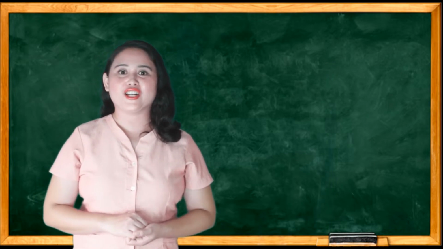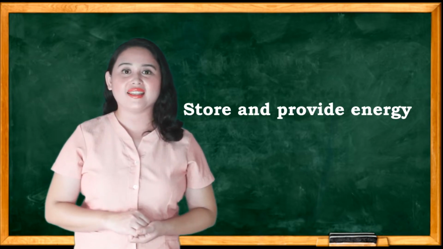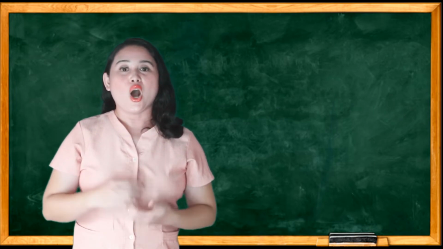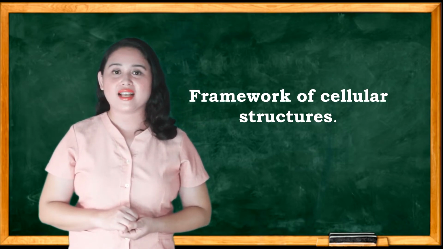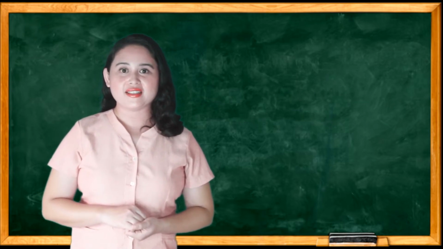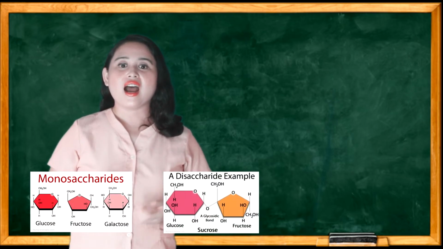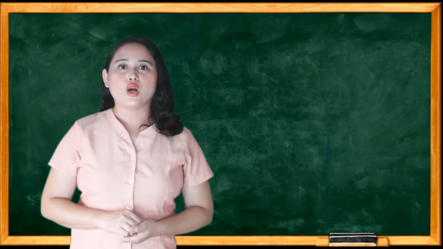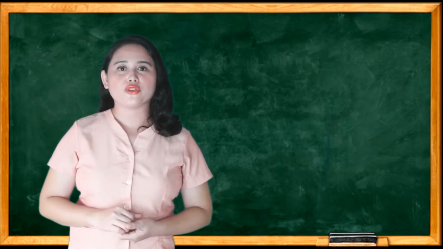The main function of carbohydrates is to store and provide energy. Also, they serve as the framework of cellular structures. On their properties, monosaccharides and disaccharides are small molecules with multiple polar groups, so they are water-soluble.